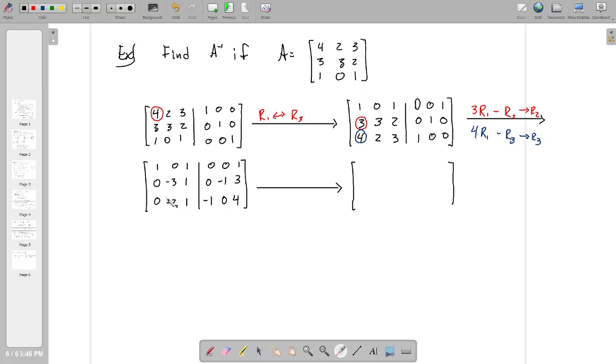Now there's 3 options. Remember, we can interchange 2 rows, we can take a constant multiple of 1 row and add it to another row, or we can just multiply a row by a non-zero constant. There's 2 things really that we can do. Interchanging 2 rows is out of the question. So either we divide this row by negative 3, or we use some sort of manipulation in between these 2 rows to get a 1 here.